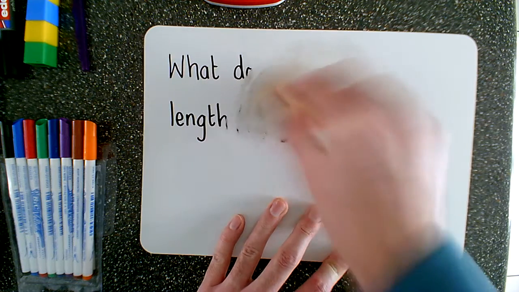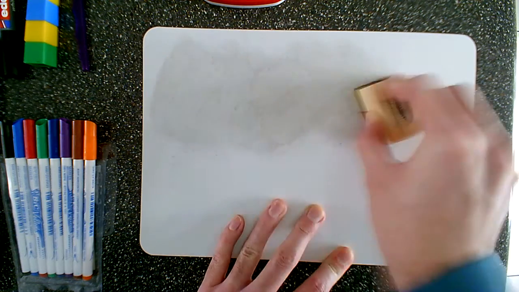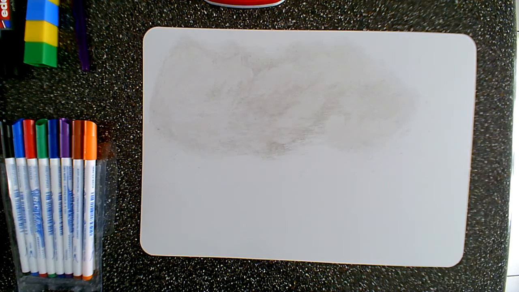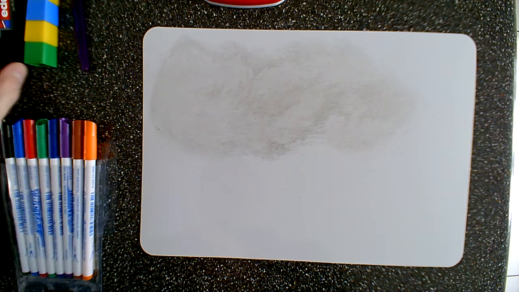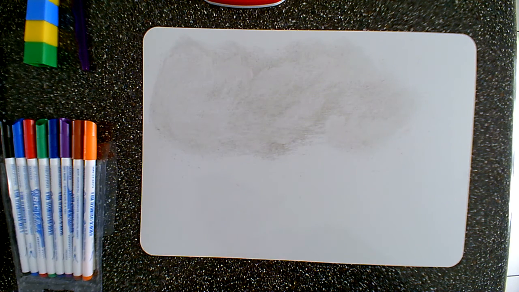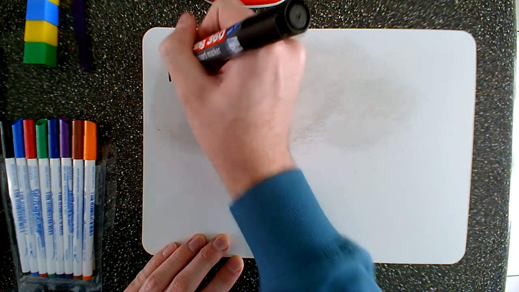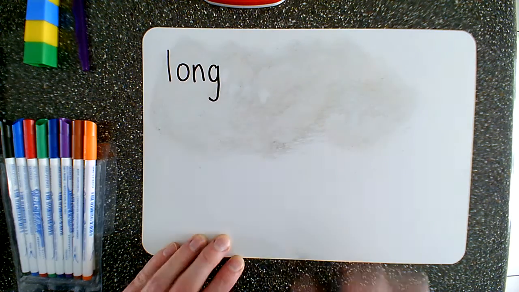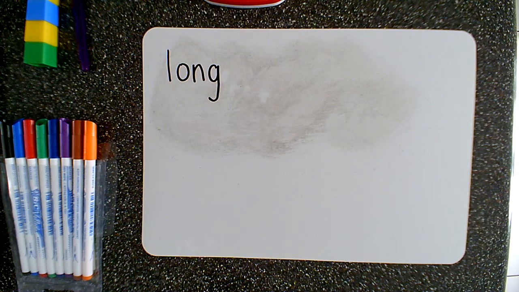Right then, let's remove my board off. Lovely. Okay, right, so what I'd like you to do now is we're going to be looking at some language in maths. It's very important we use the right language when we're looking at length and height. So, we've already spoken about this word, long, okay? Can you say that? Long. Very good.